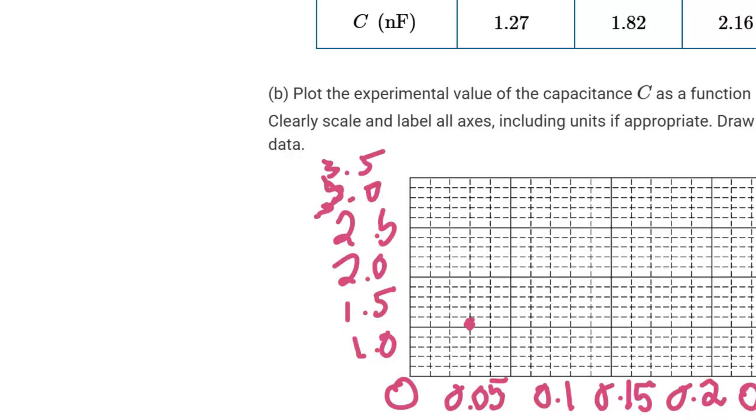0.1, 1.82, something like that. 0.15, 2.16. 0.2, 2.54.